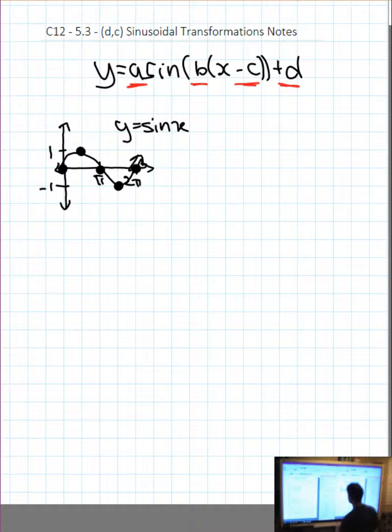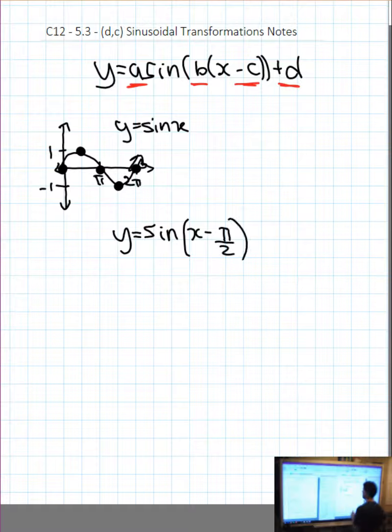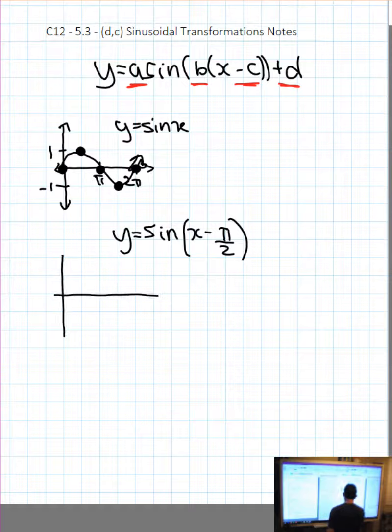So we don't need to expand it and talk about period and amplitude anymore. This time let's talk about phase shift. So let's now do the graph y equals sine of x minus pi over 2. Well, that means we draw the same 4 vertical lines, same 4 horizontal lines. I'm going to go a little bit further this time.